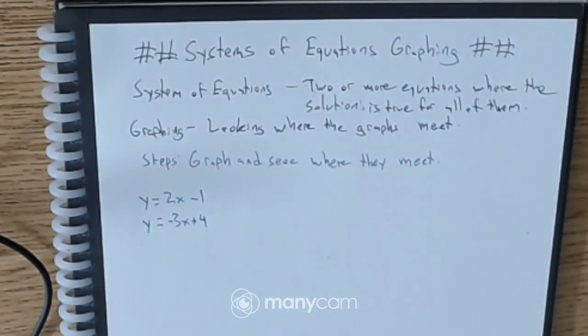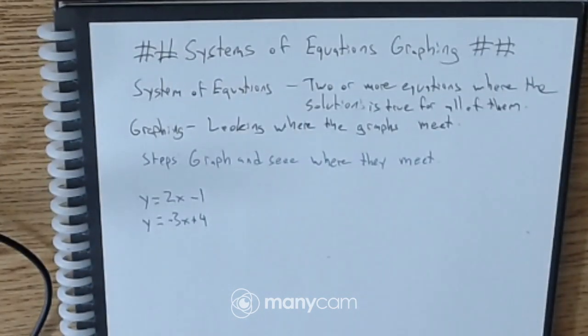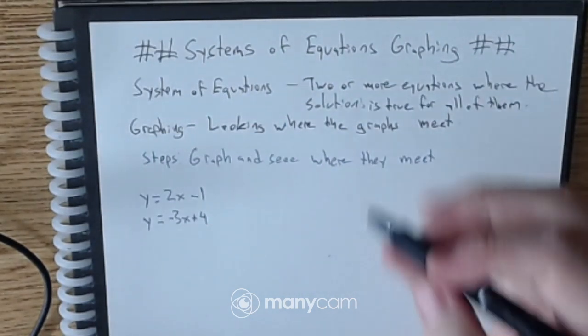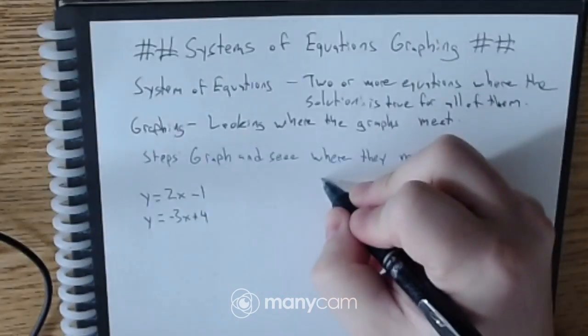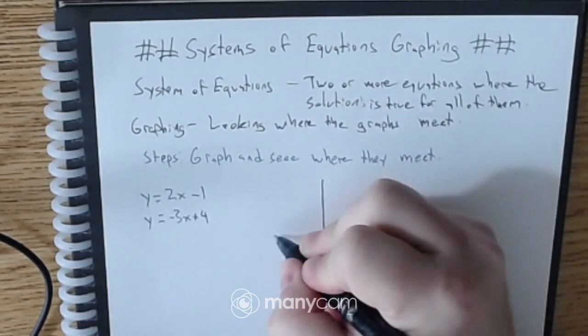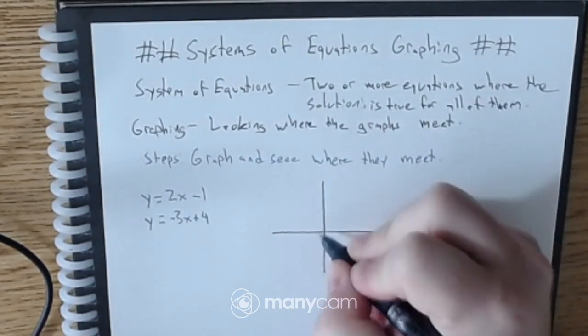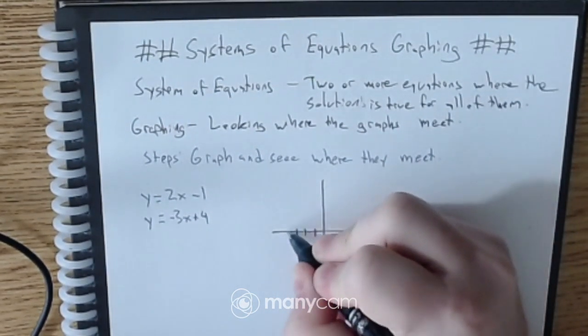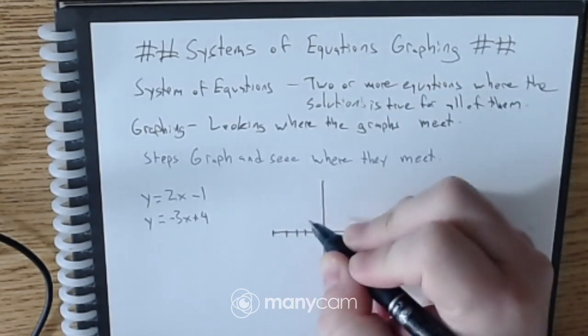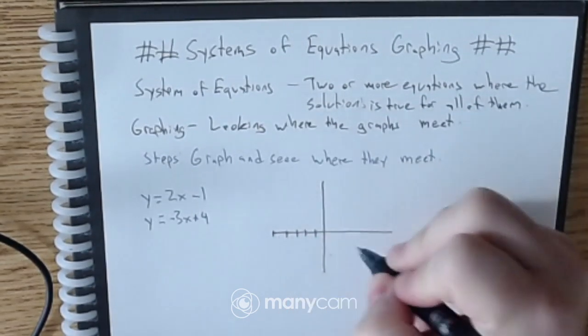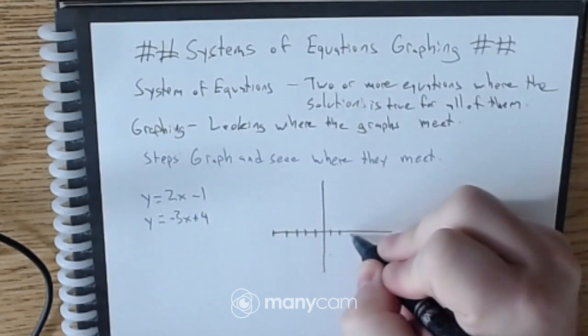So what we're doing is we need an x and a y that works for all of that stuff. So hopefully you remember how to graph, but if not, I'm going to give you just a quick review. All right. Oh wow, I missed that. Oh, we're not going to need that side anyway.